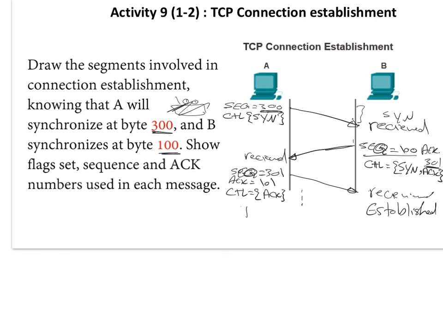If this is HTTP, the buffer here will be filled by HTTP segments, and A will start sending these segments as data. Now that the connection is established, you can flow messages back and forth. Then B will acknowledge and send data back. You can combine the two, acknowledgement and sending a message.